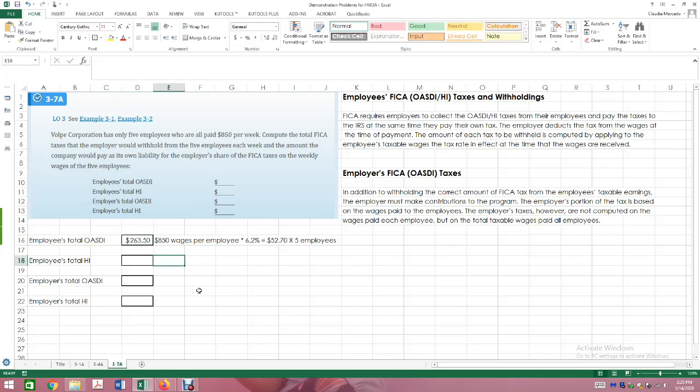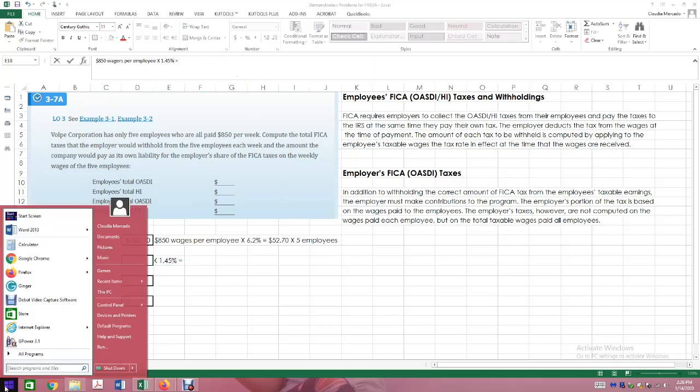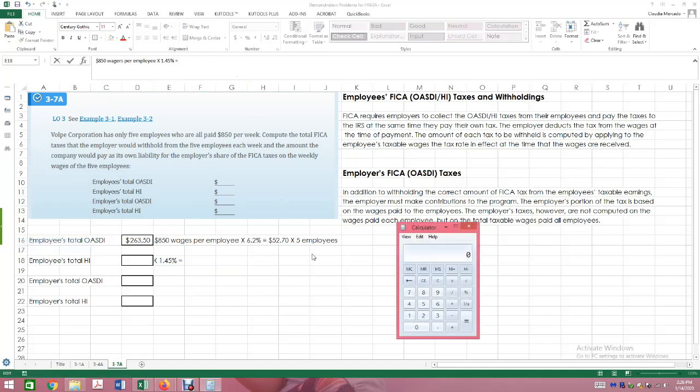We're going to do the same thing for the employees' total HI. I know that I have $850 wages per employee. I'm going to multiply it times my HI rate, which is 1.45%. $850 times 1.45% gives me 12.325.